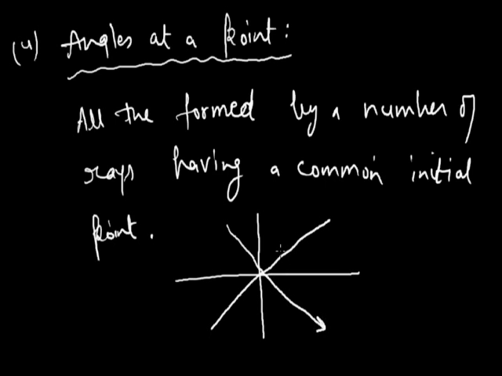Suppose these are 8 rays having a common vertex or a common terminating point, where I am naming the common point as O and naming these rays as ray OA, ray OB, OC, OD, OE, OF, OG and OH.